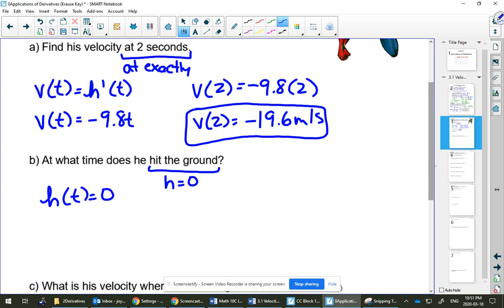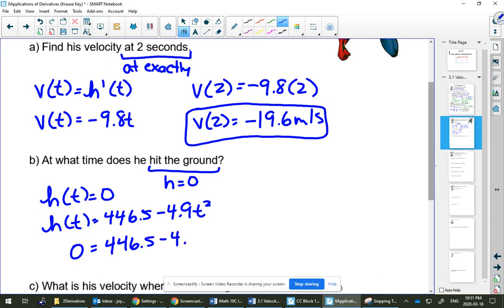So we're going to look back to our original formula. h of t equaled 446.5 minus 4.9 t squared. And so if we substitute in 0 for h of t, we're looking for when 0 equals 446.5 minus 4.9 t squared.